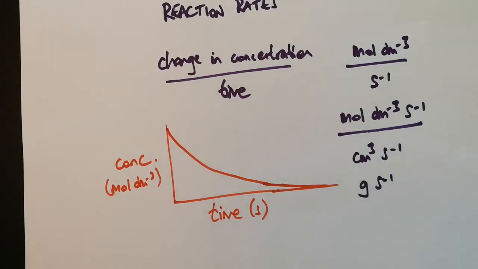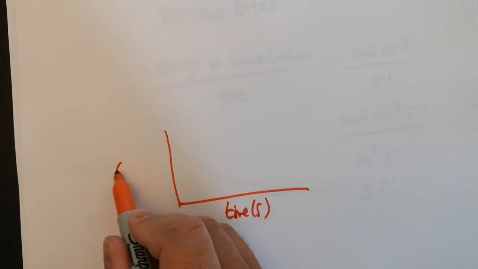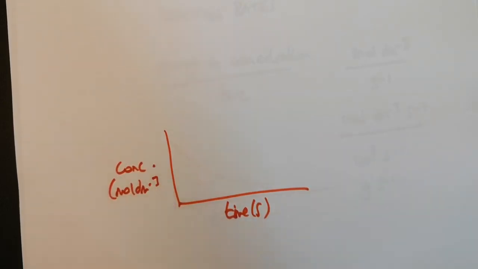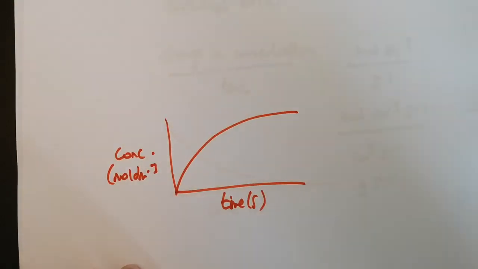What you can also imagine is then a similar graph for if we were producing a product. Again, time in seconds, concentration in moles per decimeter cubed, and this time we're measuring a product. So the curve would go up like that.